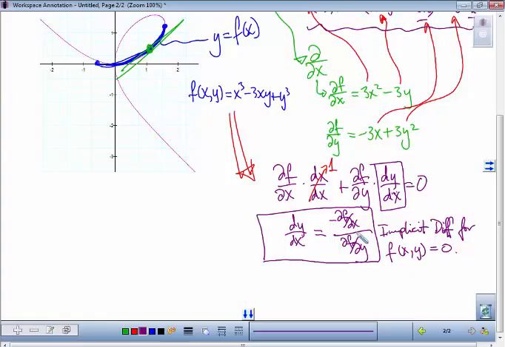So this is an example of an implicit function problem in 2 dimensions where we have x and y. Now let's take a look at an example of an implicit function problem in 3 dimensions where we introduce the z component, the z variable.